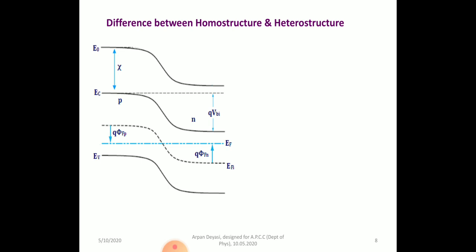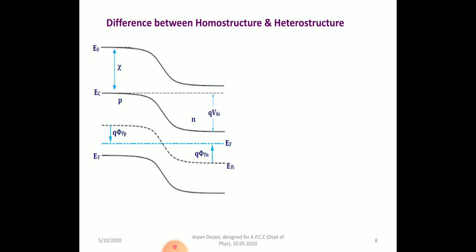So if you have to draw the band diagram of a homojunction device, you have to align the Fermi level, and that means you will get a difference of conduction band between p and n-type, as well as a similar difference of valence band between p and n-type. The difference of the conduction band is called the built-in potential.